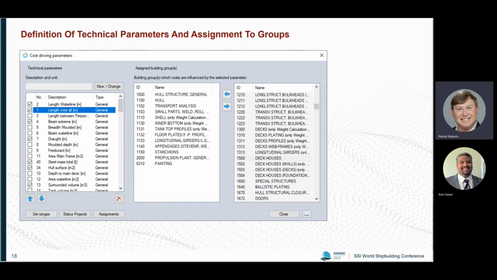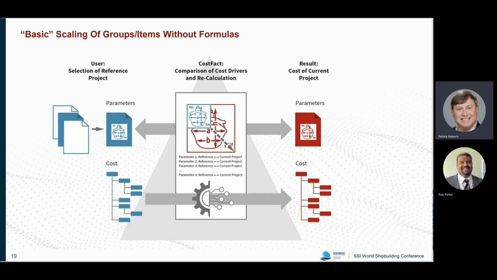With this information, if I then update the technical parameters, CostFact can scale, under full user control, all these cost items which are not parameterized, just by comparing the original or previous number of the technical parameter and, after the update, the new value. And then there are some more functionalities.